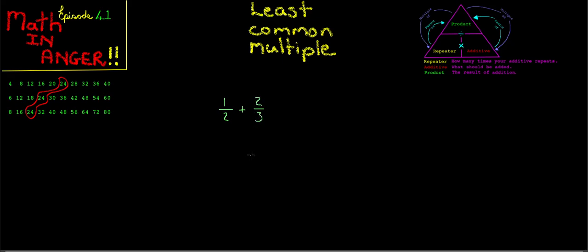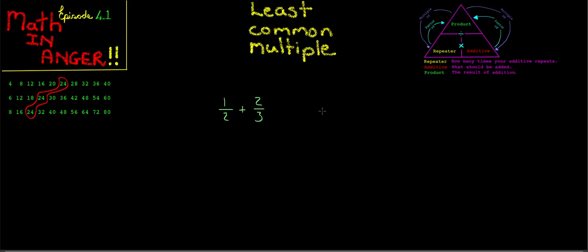Right? So something I want to point out to you is there is always at least one common multiple, not necessarily the least common multiple, with fractions when you multiply your denominators together.